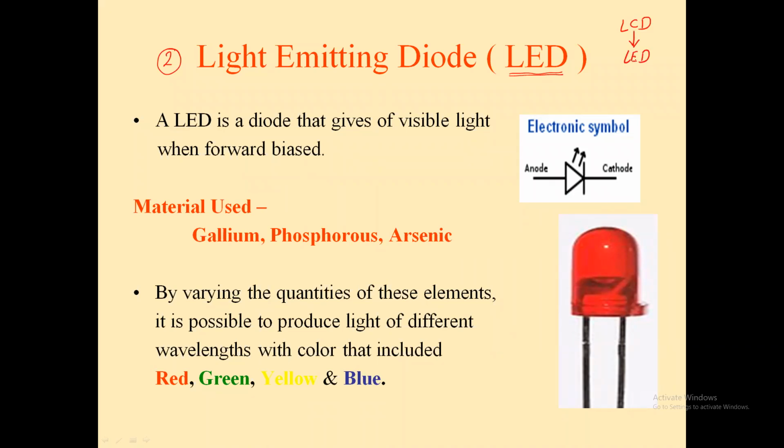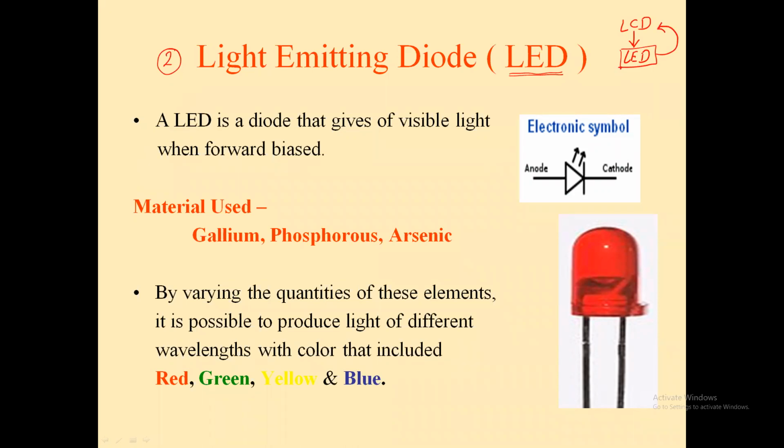Now you can find that your filament bulb, tube, and television, everything comes with LED. It means LEDs have more advantages compared to LCD. That's why everything is now replaced with LEDs.